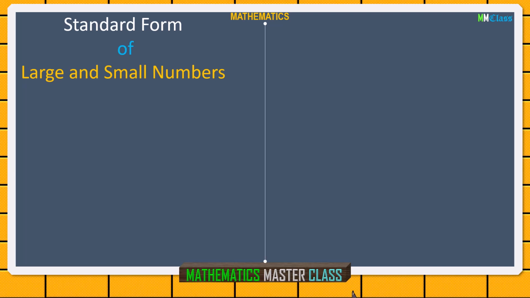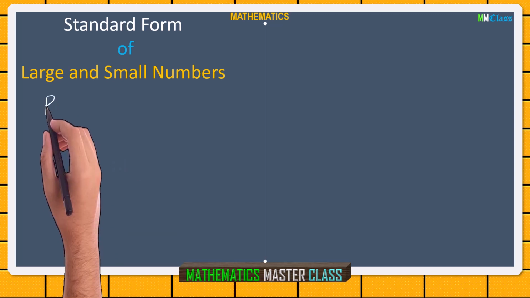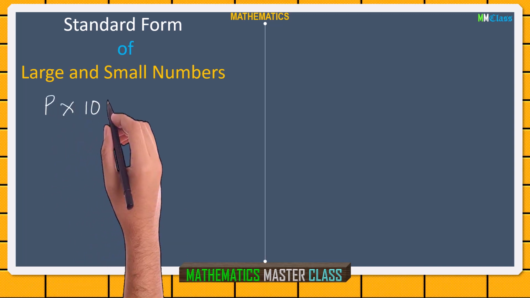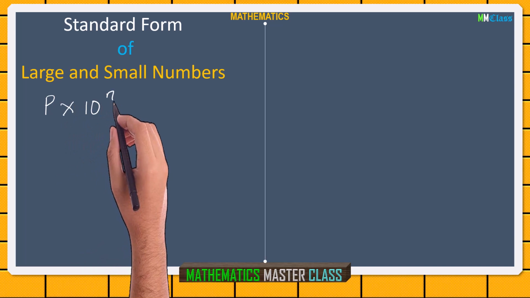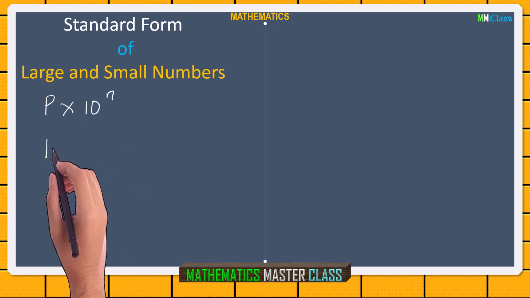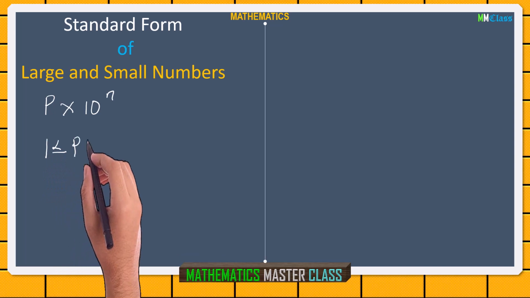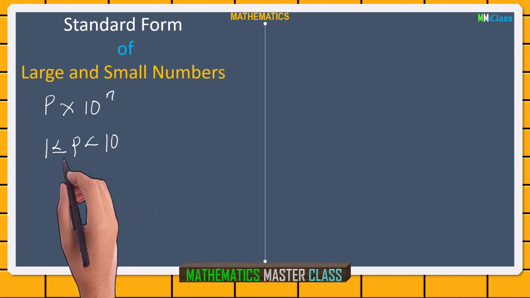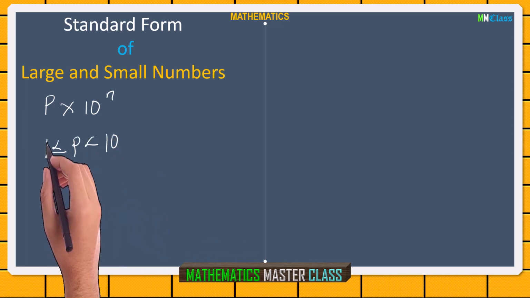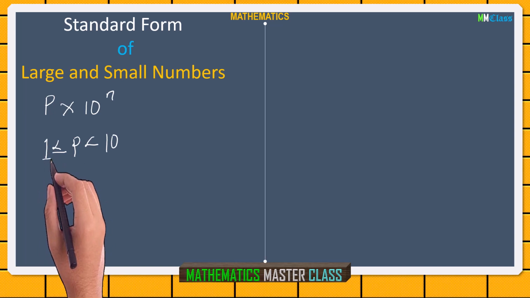Standard form of large and small numbers. What is standard form? What does it mean to write a number in standard form? If that number is rewritten as p times 10 raised to the power of n, and p must be between 1 and 10, you can see 1 is inclusive.